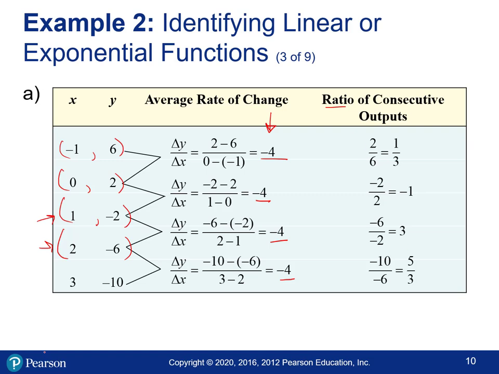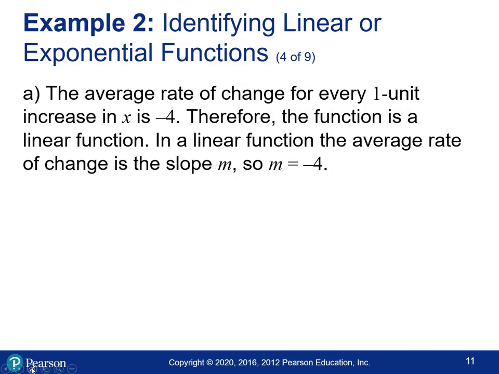That's because we're taking the next output, we'll call this the second output, divided by the first output, and we're getting a ratio there. Then we do that again for the next one, the third output divided by the second output, we get a ratio there, and so on. And notice it's not constant, so it's definitely not exponential.